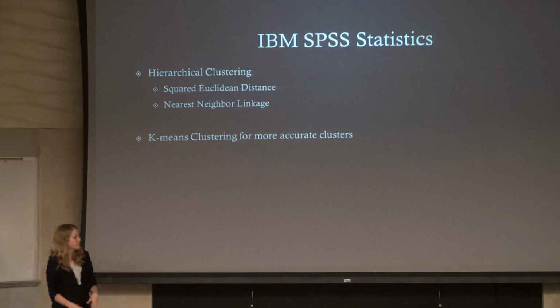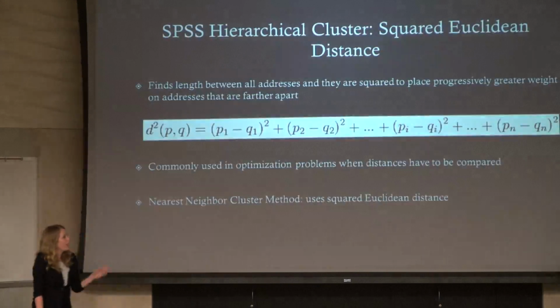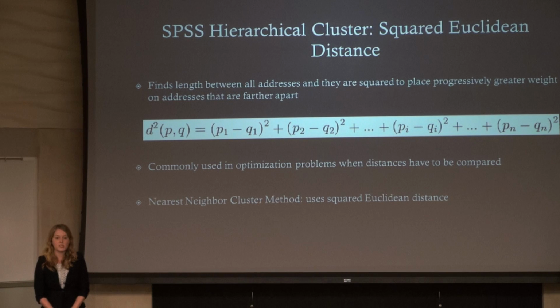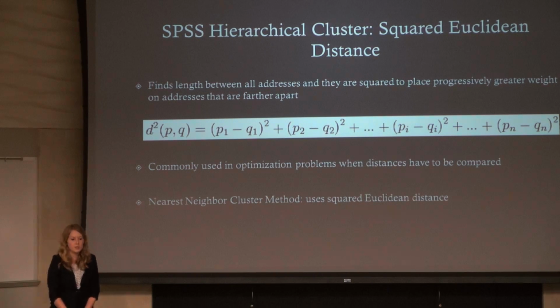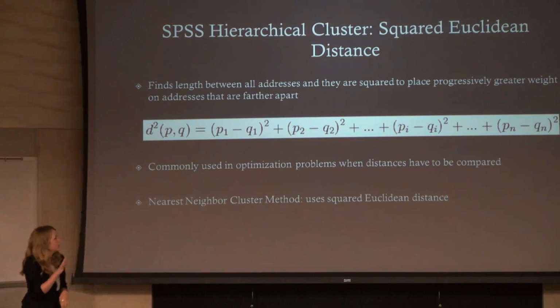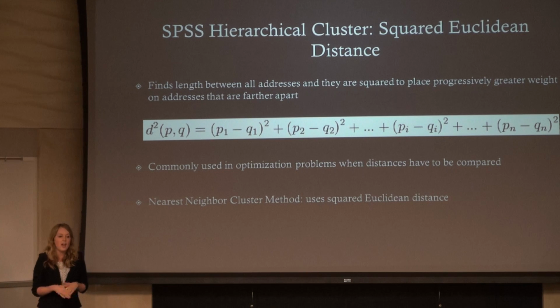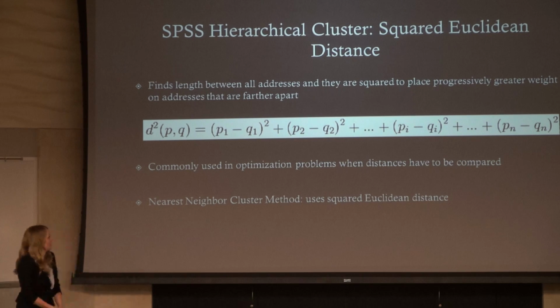Okay, so for the hierarchical cluster, we used the squared Euclidean distance formula to find the different lengths between the addresses and then square them to place more weight on the outliers, like we were having trouble with before. So this is just a little bit of the formula.